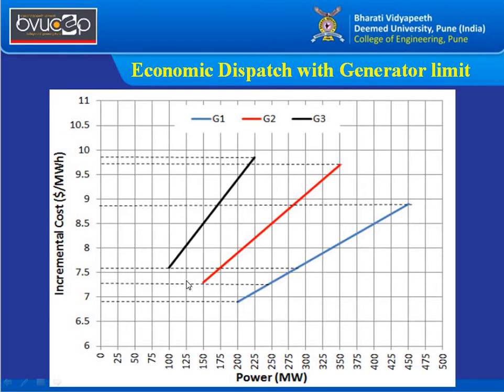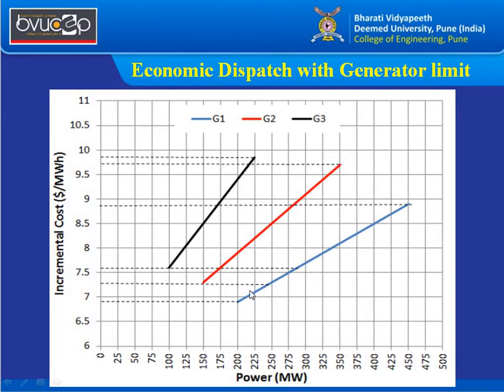Now for the second generating unit, its initial cost is lower. We can say that the lower end is lower as compared to generator 1, but its higher end is also slightly less than generator 1.